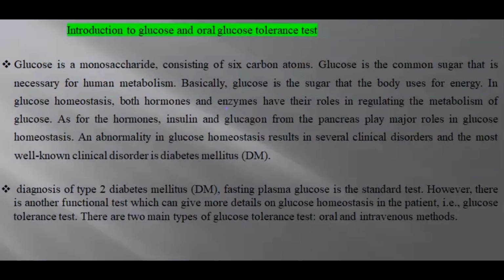While glucagon is also a hormone, it helps the glycogen that is stored in the liver to be converted back to glucose.